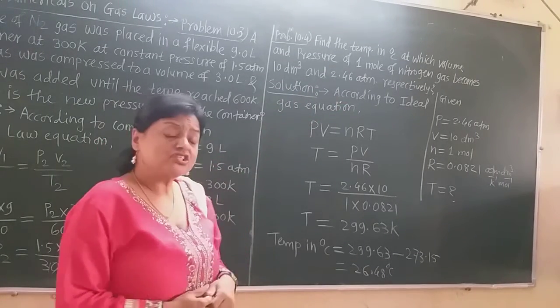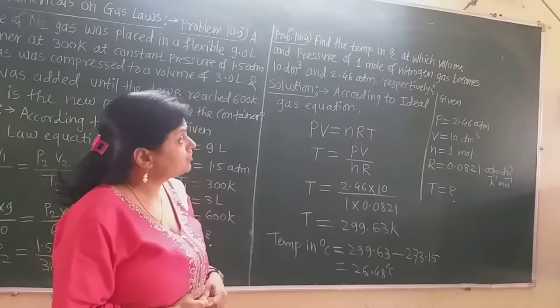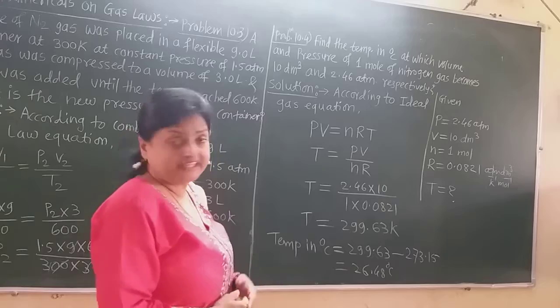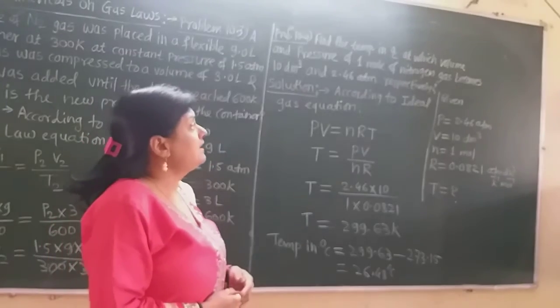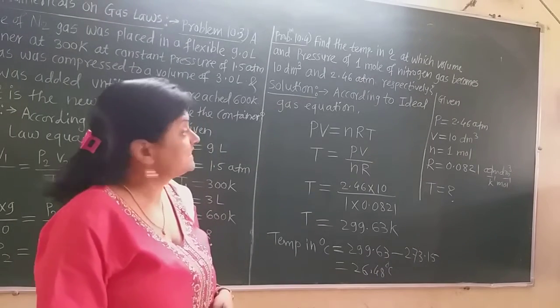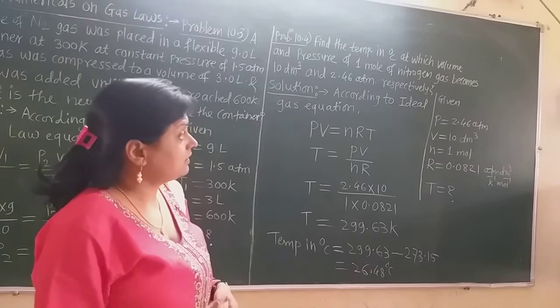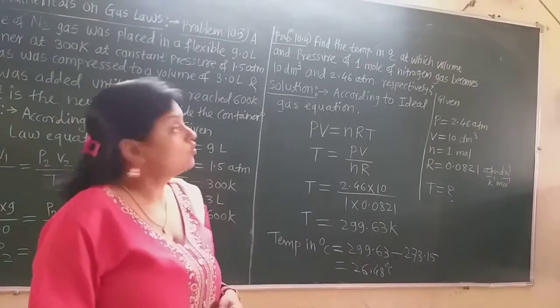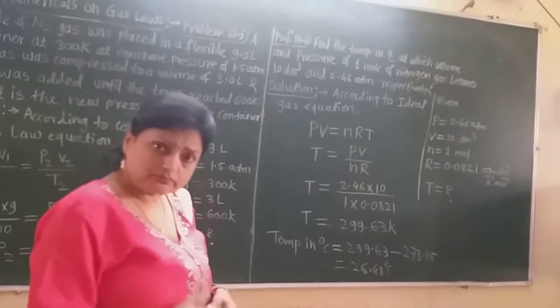That means they ask us to calculate the temperature in degree centigrade, and at that time the volume is 10 decimeter cube and the pressure is 2.46 atm. They have also given us the number of moles, that is 1 mole.